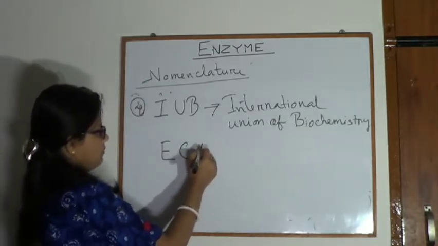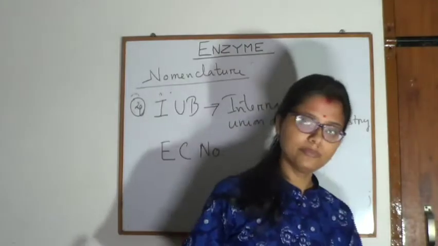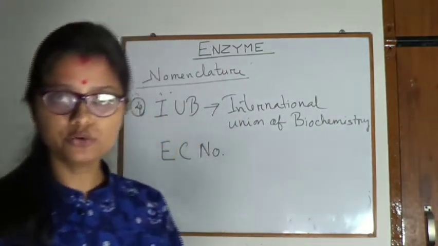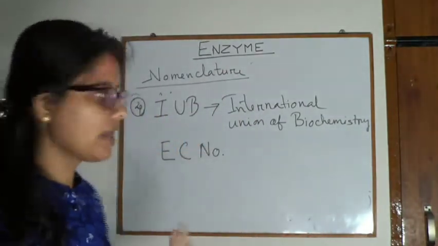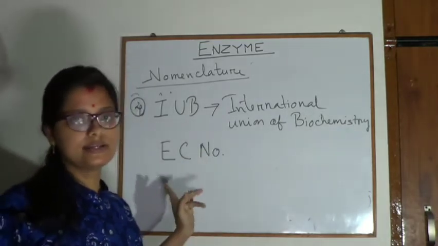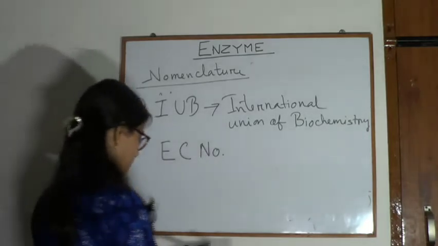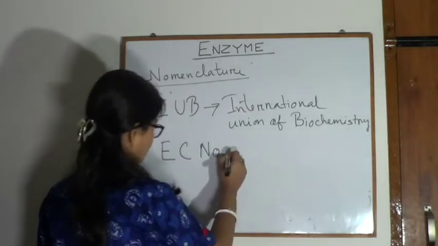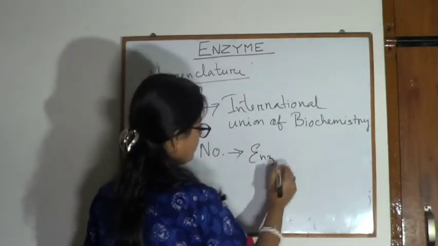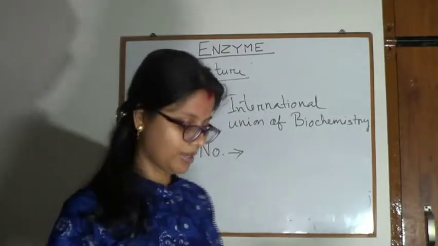According to the IUB modern rule, enzymes have been given a name and a number, and the number is written as an EC number. EC number means Enzyme Commission number.